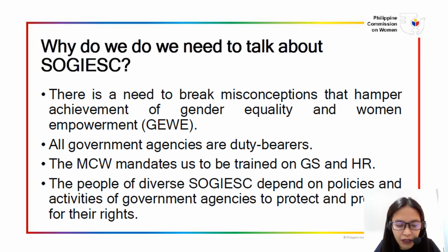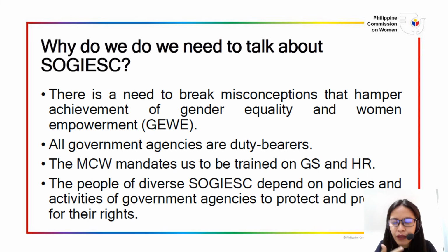Okay, so the Philippine Commission on Women has further explained why we need to talk about SOGSC. It's because if we talk about SOGSC, then we can break misconceptions that hamper the achievement of gender equality and women empowerment.